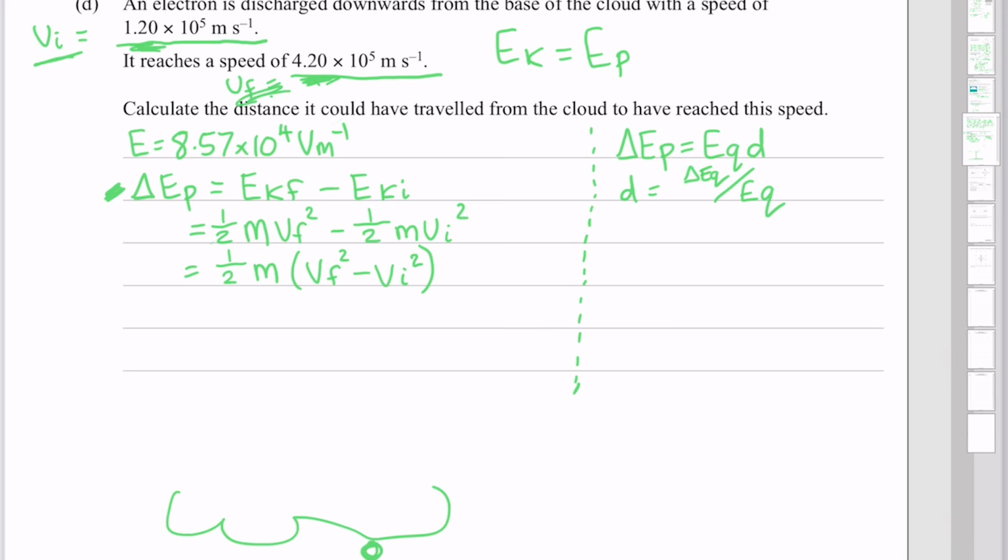If you took the difference in the velocities, you're going to get the wrong answer. The reason is we're looking for the difference in the kinetic energy, and the kinetic energies have velocity squared. So if you take the difference in the velocities, you will get the wrong answer. You have to specifically find the difference in the kinetic energies, taking into account that it's the difference in the velocities squared. So let's put those numbers in.